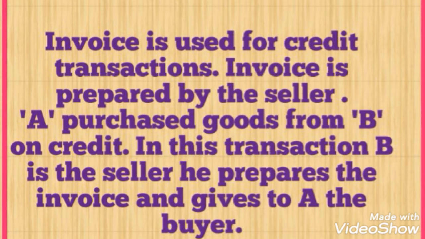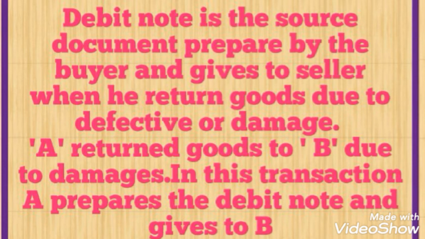For example, A purchased goods from B on credit. In this transaction, B is the seller. He prepares the invoice and sends to A, the buyer. The next source document is debit note. The buyer prepares a debit note when he returns goods to seller due to damages or any other reasons.